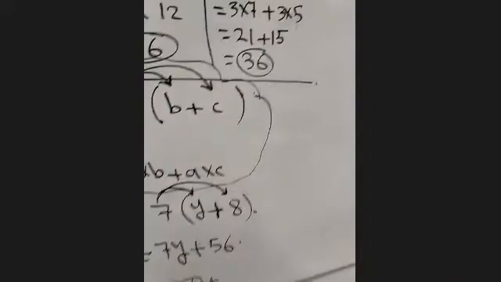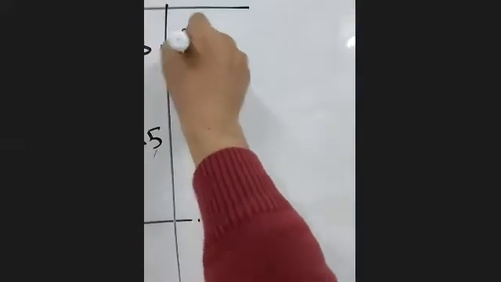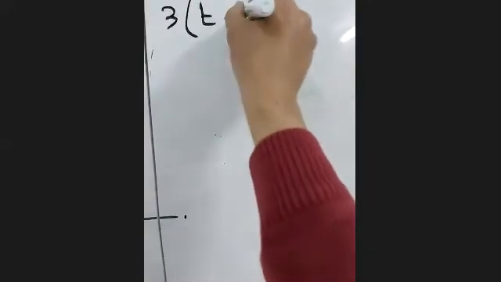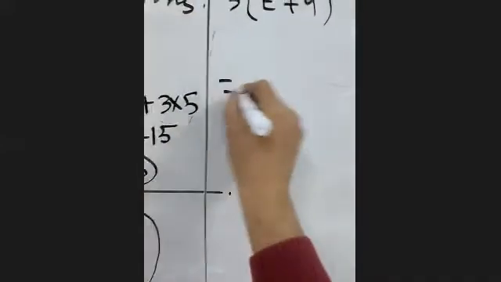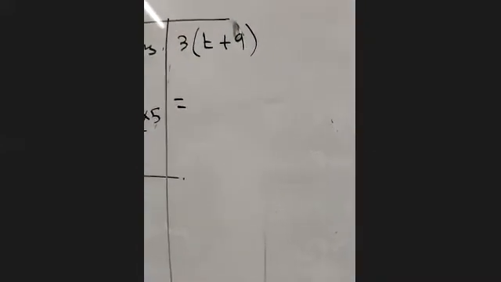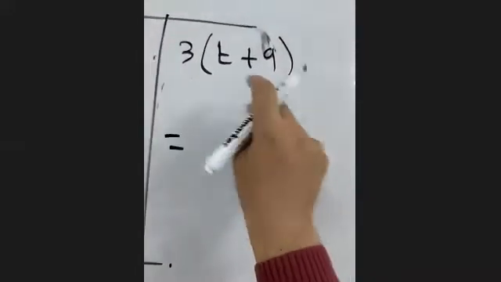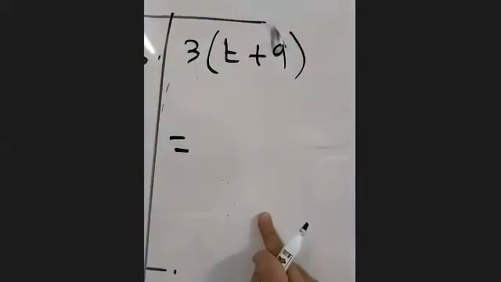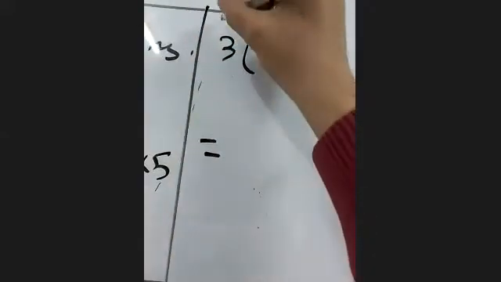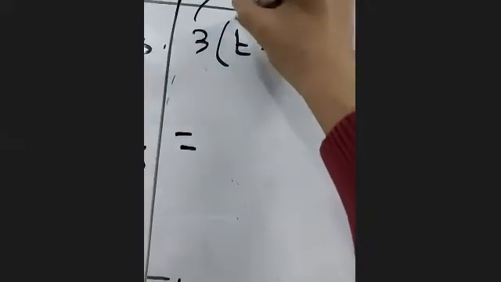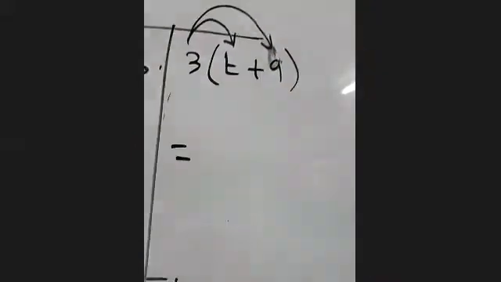For example, if I have 3 multiply parentheses, t plus 9. How will I do this? I will distribute the 3 on the terms inside the parentheses.